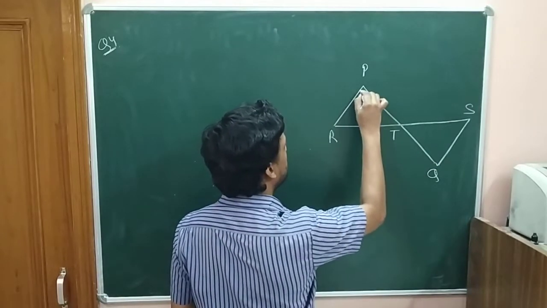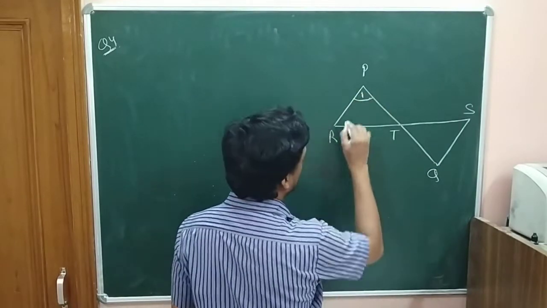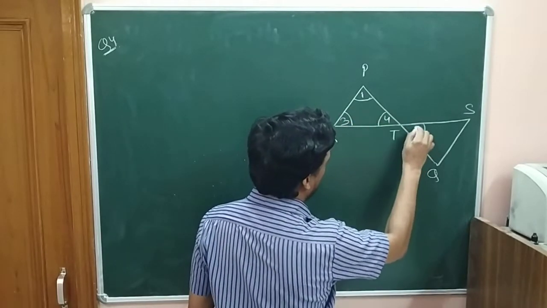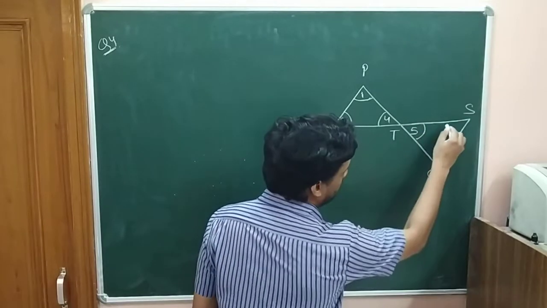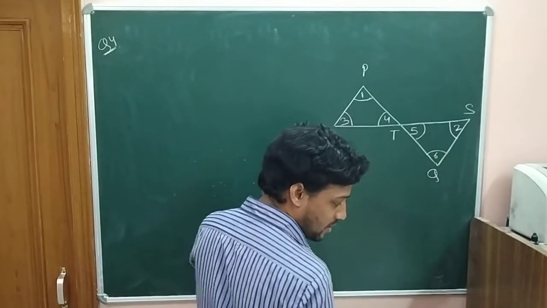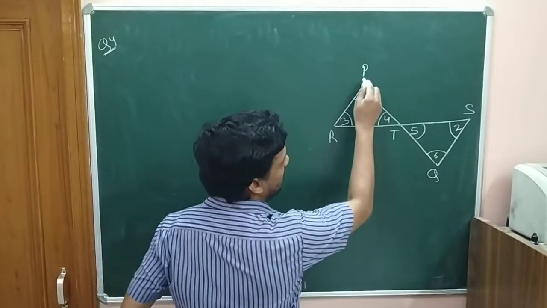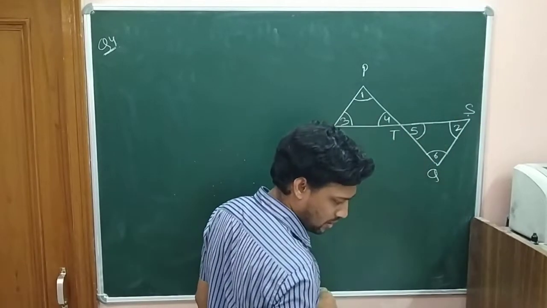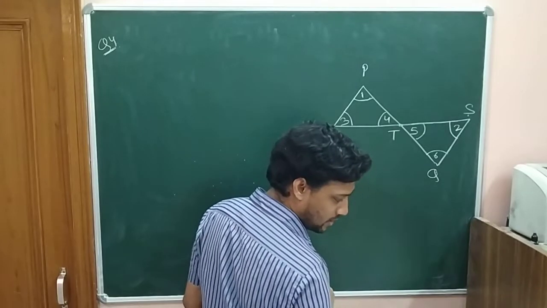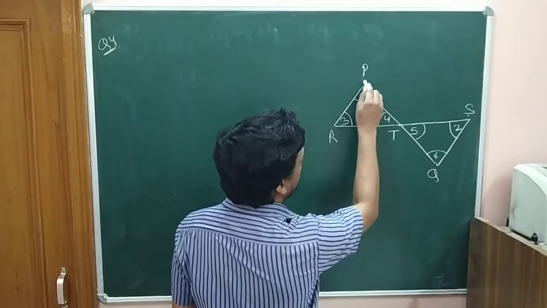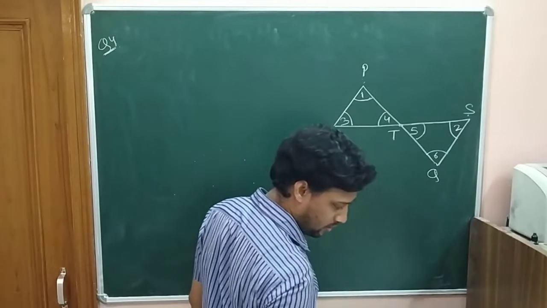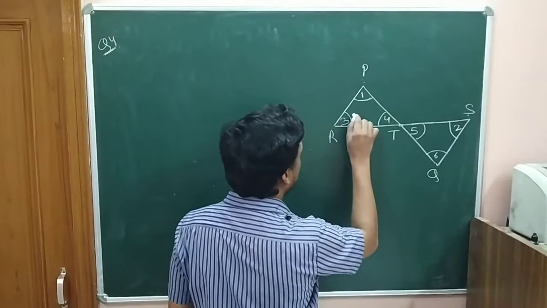This is angle 1, 3. Now the question: if the lines PQ and RS intersect at a point T, such that angle PRT, it means angle 3, equals 40 degrees.